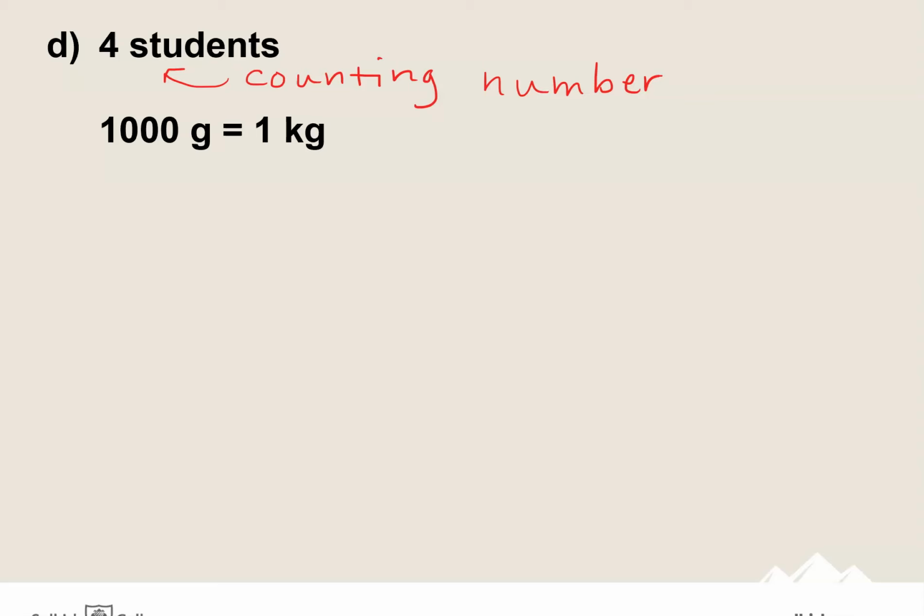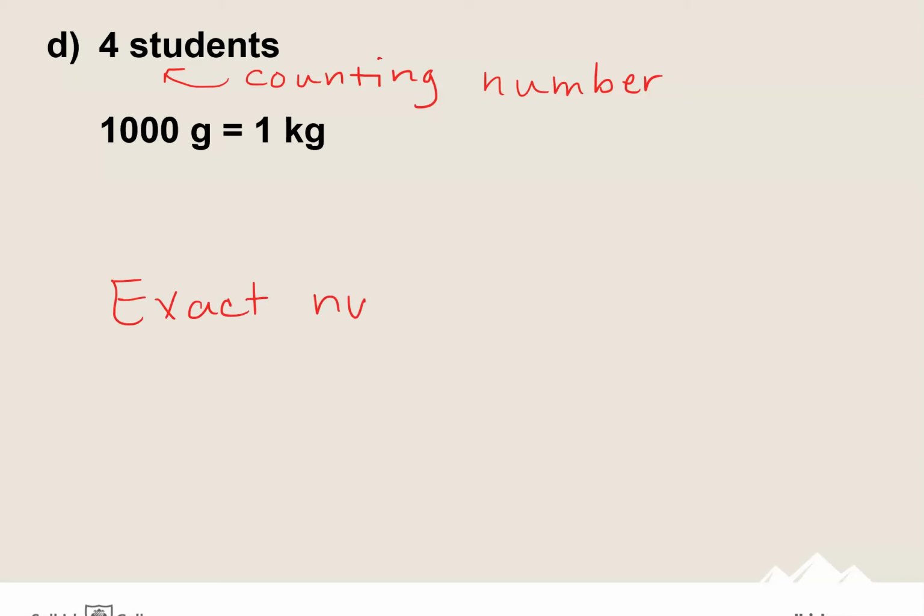I could count the number of students in the front row with absolutely no uncertainty. Significant figures are meant to show how much uncertainty you have in the number. So if you have no uncertainty, you have infinite significant figures.